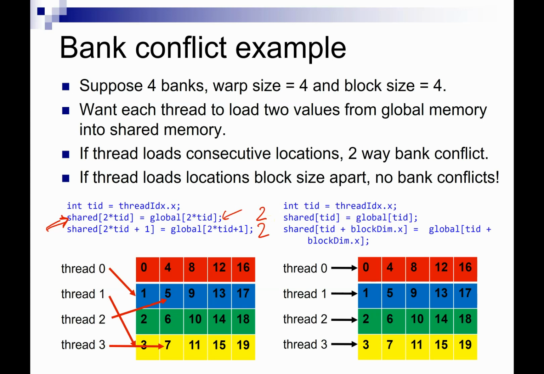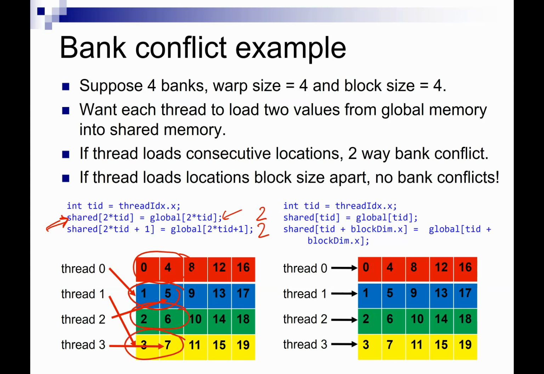Now, to get rid of this bank conflict, there are various techniques. Later on, we'll see something called padding and some other techniques. But here, there's a very simple way to get rid of the bank conflict. Instead of having thread 0 access 0, 1, and thread 1 doing 2, 3, we're going to have thread 0 do 0, 4. Thread 1 is going to do 1, 5.